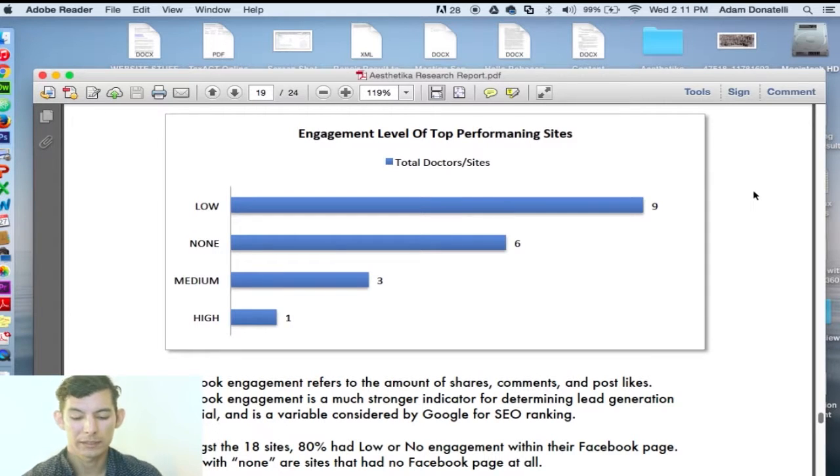What I found here is that 9 of the 18 competitors had low engagement. So definitely the greatest majority of those competitors weren't actually producing the right content.